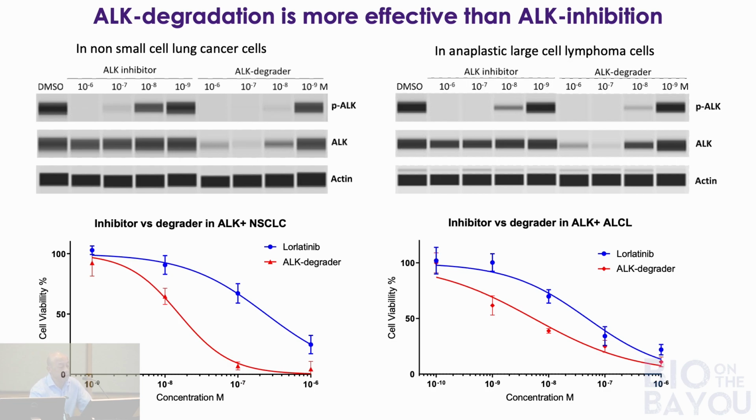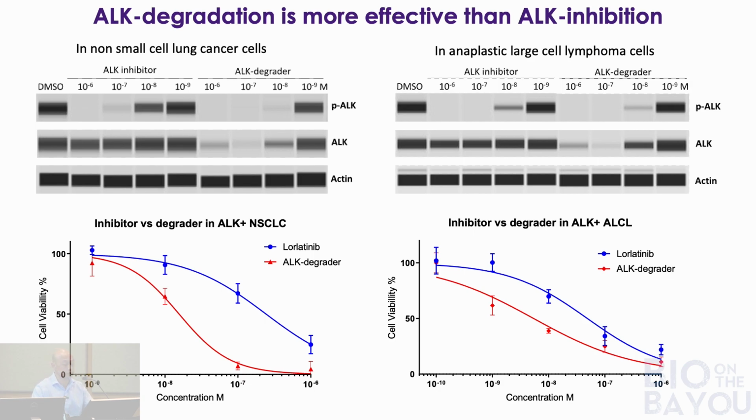The same is observed in anaplastic large cell lymphoma cells. Basically, it becomes more effective. And that translated to the cell proliferation assays, where the degrader is found to be more potent than, in this case, a third generation inhibitor, lorlatinib.